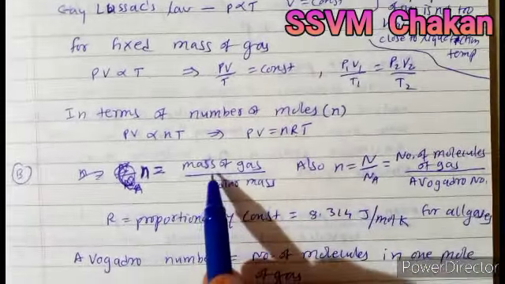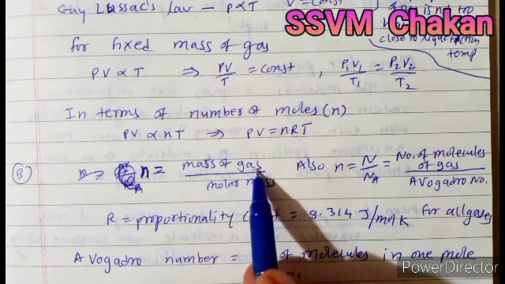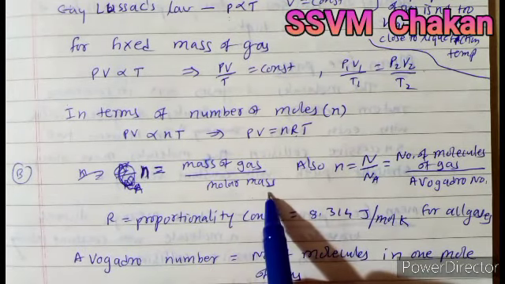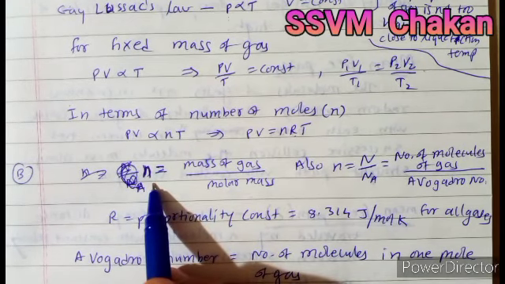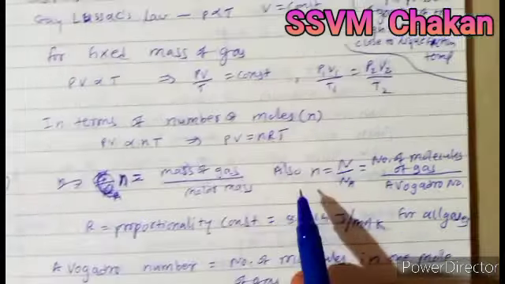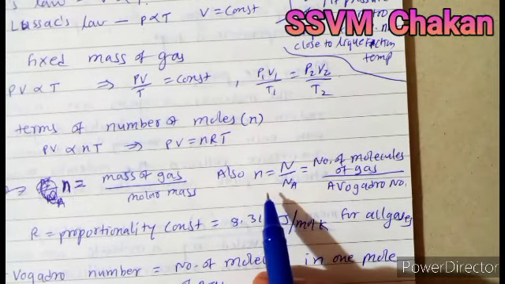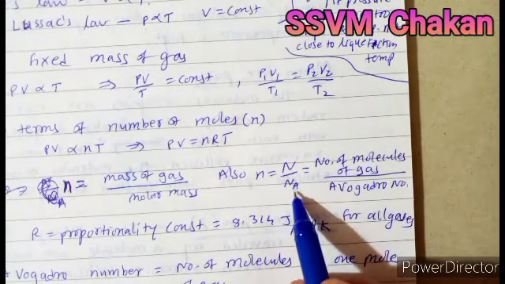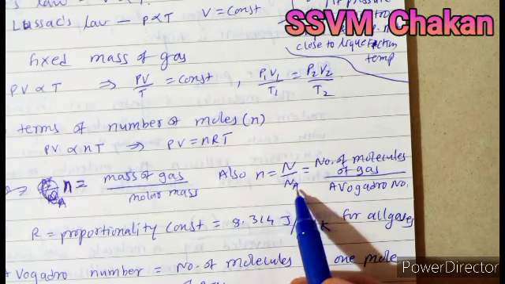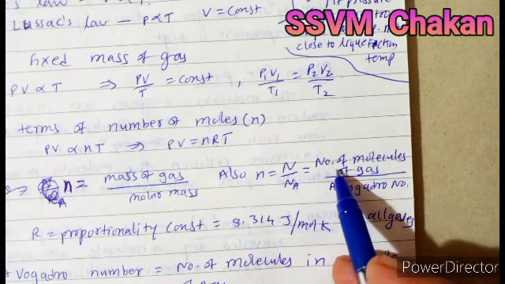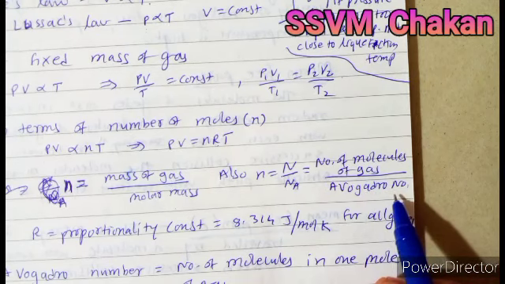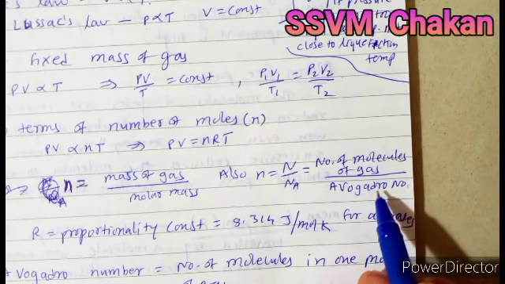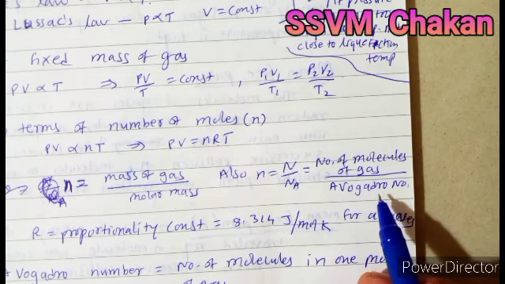The number of moles n is equal to the mass of a gas divided by the molar mass. That small n may also be calculated using another formula: capital N divided by capital N into A, which is the number of molecules of a gas divided by Avogadro's number. What is Avogadro's number? That you studied in chemistry.